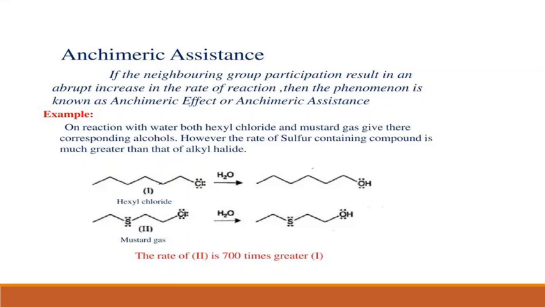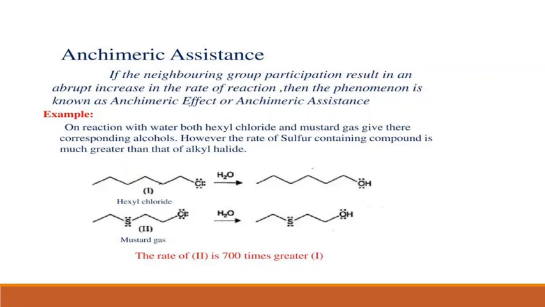On the reaction with water, both hexyl chloride and mustard gas give their corresponding alcohol. That means the C-Cl bond is substituted by the OH group. As the mustard gas has a sulfur atom embedded, which has a lone pair of electrons, it will show the anchimeric effect, that is neighboring group participation.